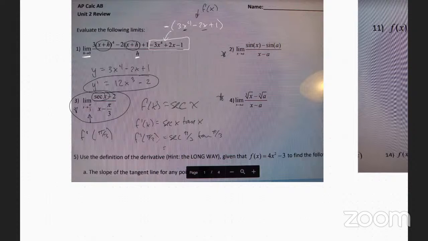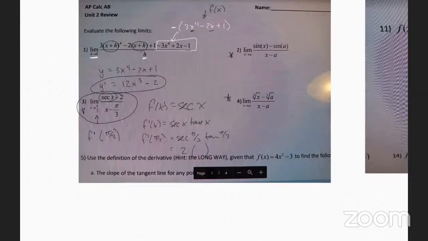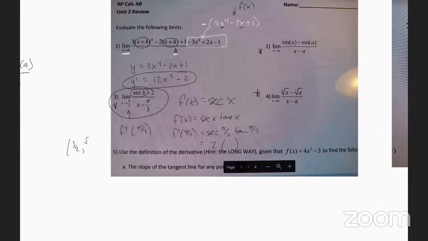Remember trig? The cosine was 1/2 and the sine is root 3 over 2. The tangent is the sine over the cosine, so it's root 3 over 2 over 1/2, which is just root 3. So there's your answer, 2 root 3.